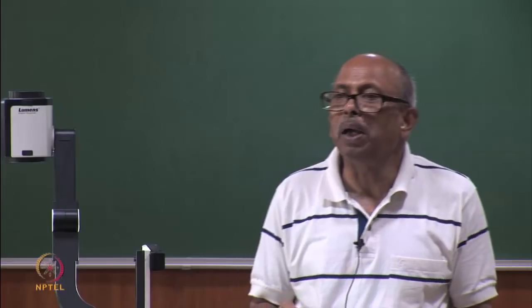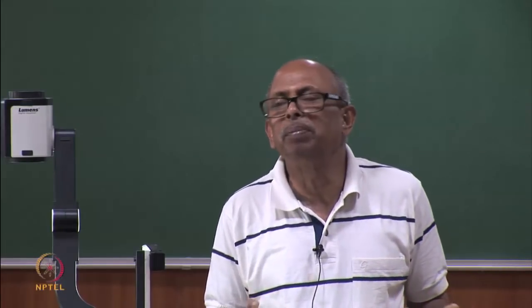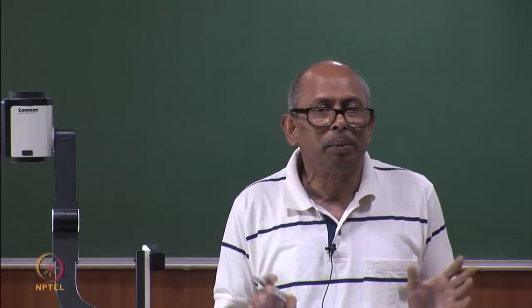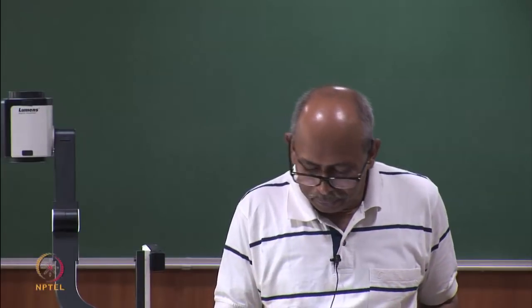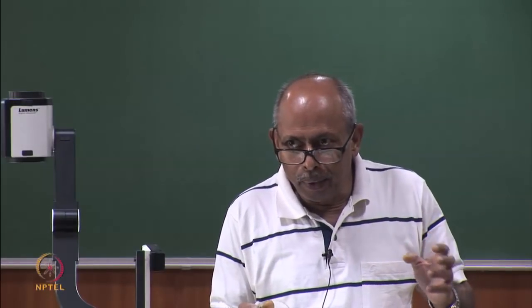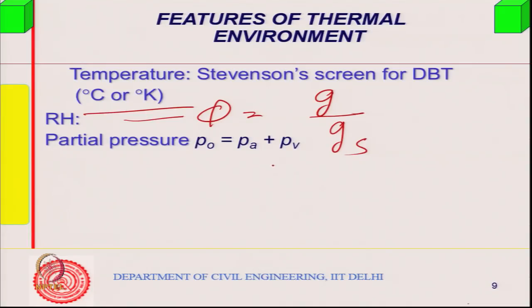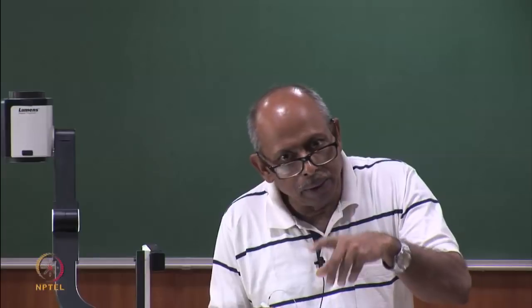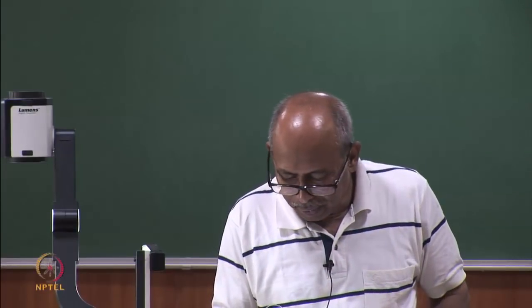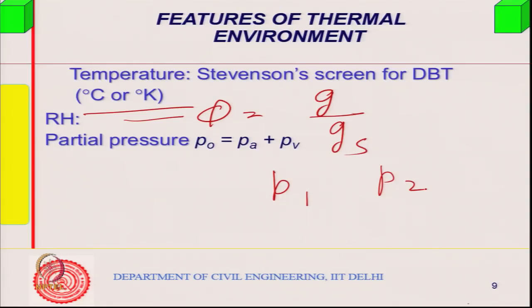Now, how do you define partial vapor pressure or partial pressure of two gases? Supposing I have two gases. Individually, gas 1 occupies a volume V and its pressure is P1, and the second gas occupies the same volume and its pressure is P2, right.